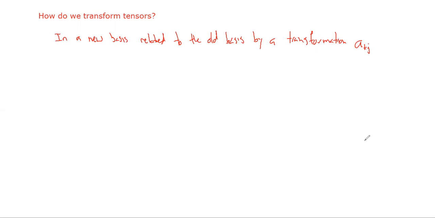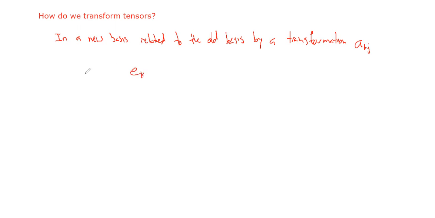I have a transformation matrix A_kj, also known as the direction cosines or something like that. And I want to go from one basis vector to another.